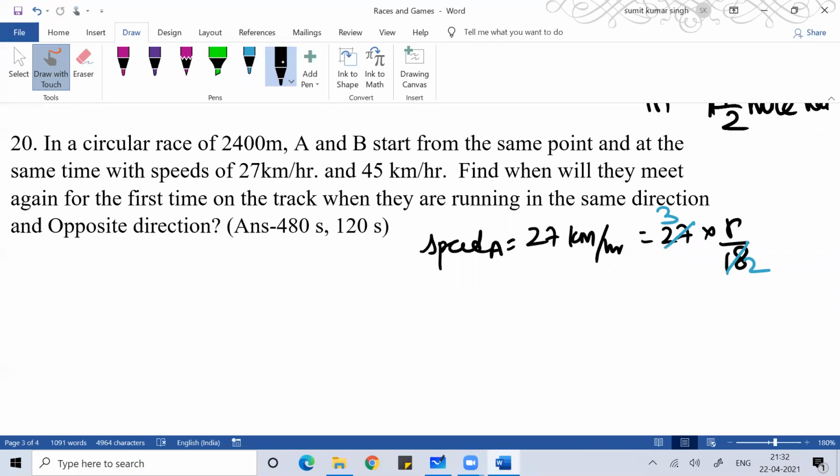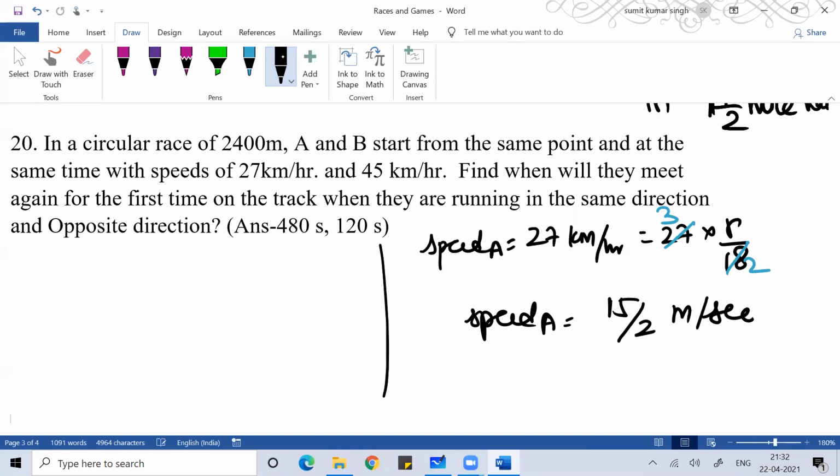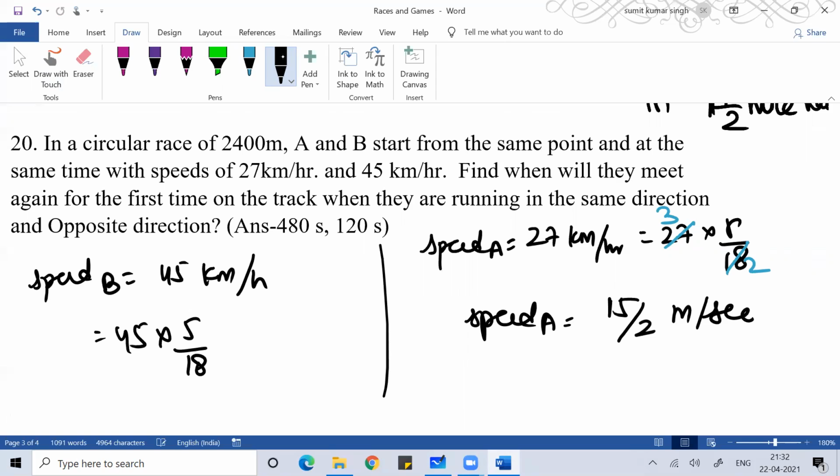So the speed of A is 15 by 2 meter per second. Similarly, the speed of B is given as 45 kilometer per hour. So speed of B in meter per second is 45 into 5 by 18, which is 25 by 2 meter per second.